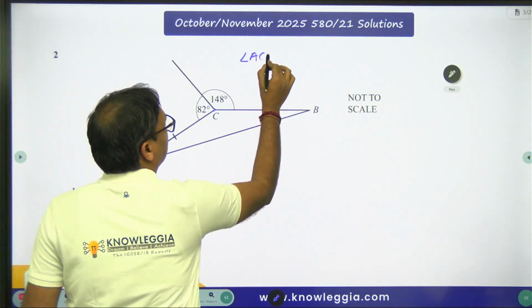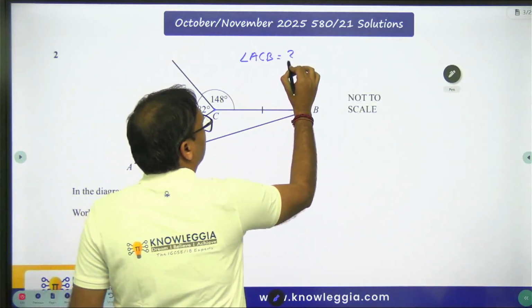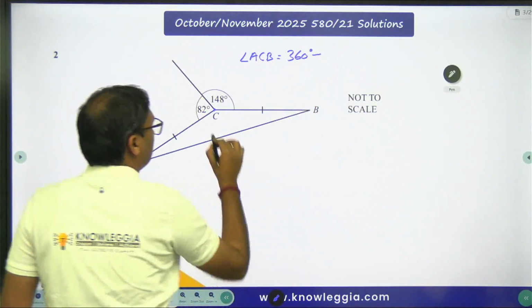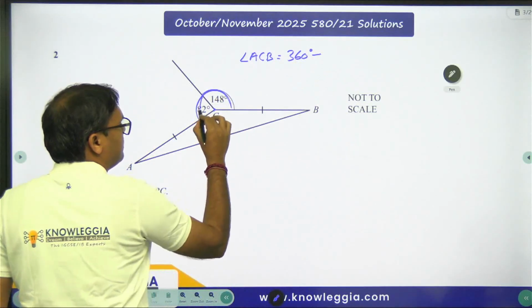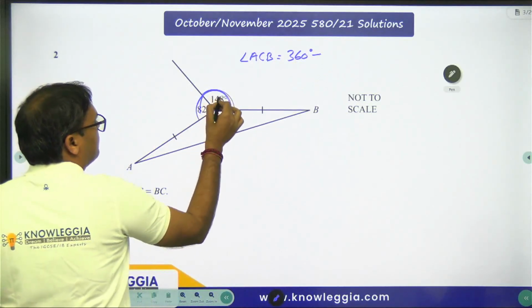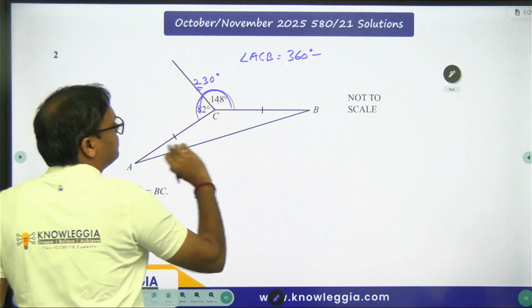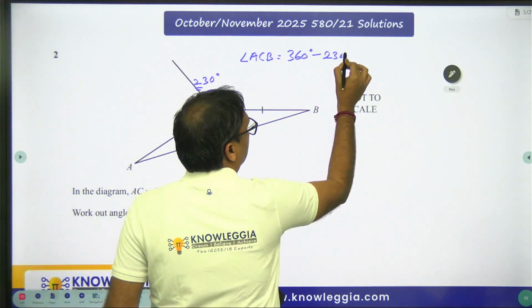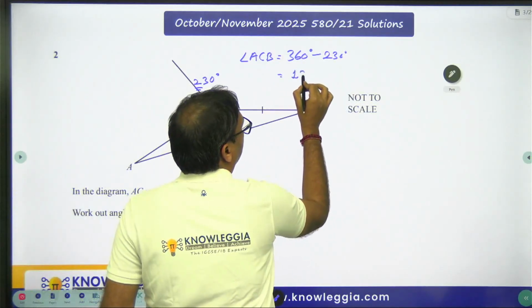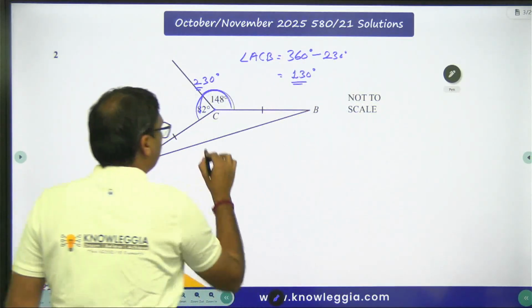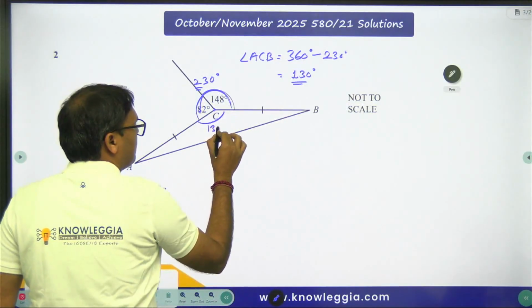Angle ACB will be equal to 360 degrees minus the addition of these angles, which is 230 degrees. So this angle is 130 degrees.